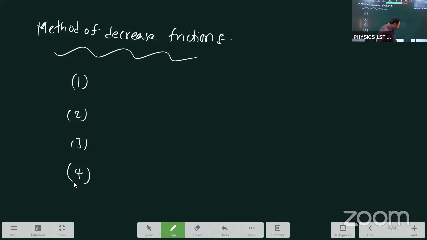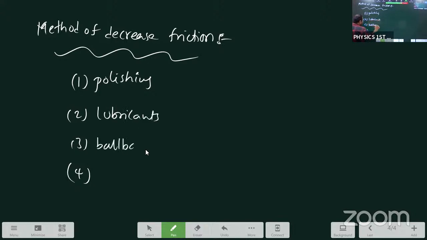First of all, I will give you the complete explanation. Methods of decreasing friction: polishing method, lubricants, ball bearings, streamlining. Total 4 side headings.